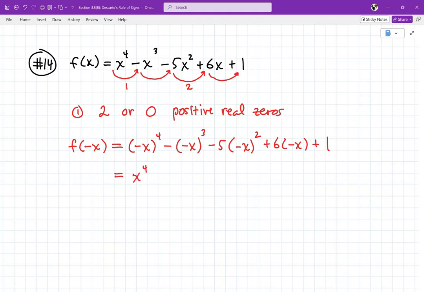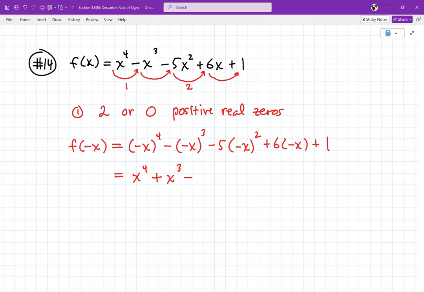So this is going to be x to the fourth. Now, minus negative x cubed is negative x cubed, so it's going to make this a plus x cubed. Minus, well, negative x squared is just x squared times 5 is 5x squared.